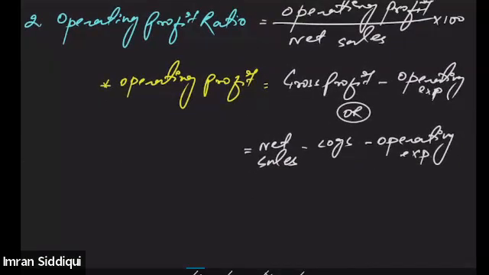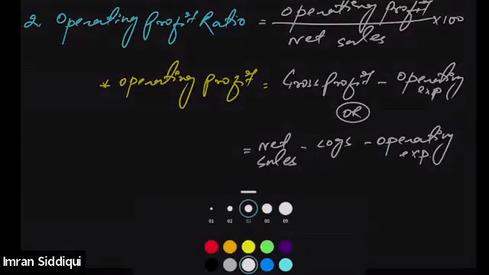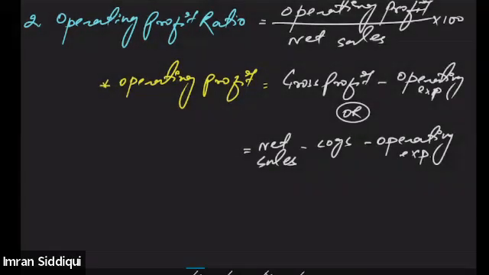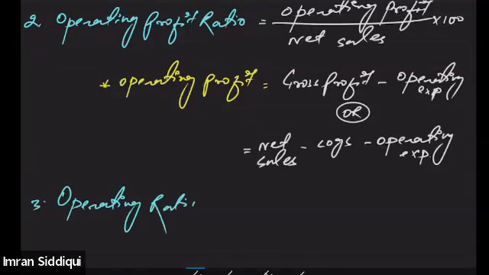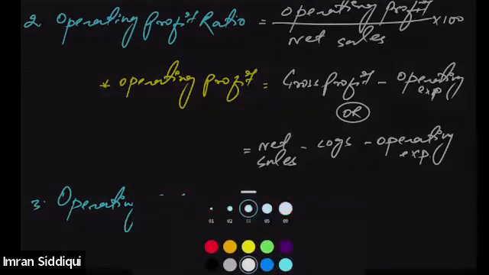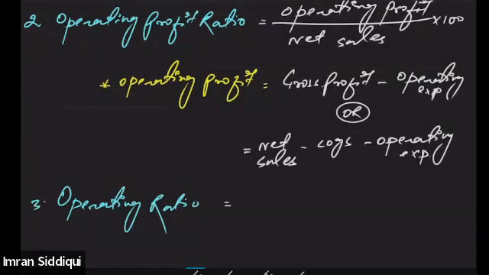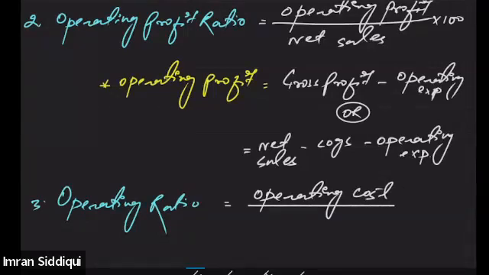Now the next ratio is operating ratio. Operating ratio and operating profit ratio are different. So the formula for this is operating cost divided by the net sales into 100.